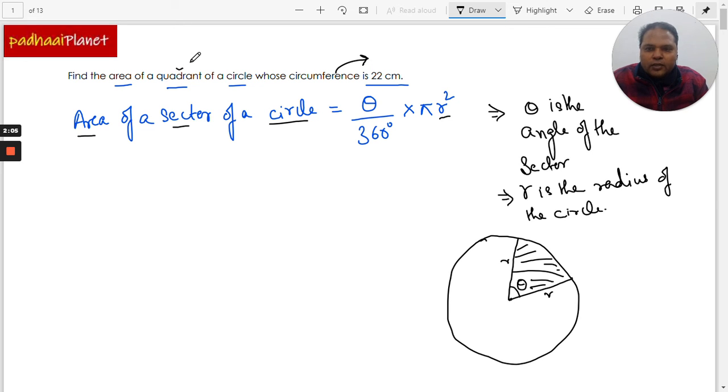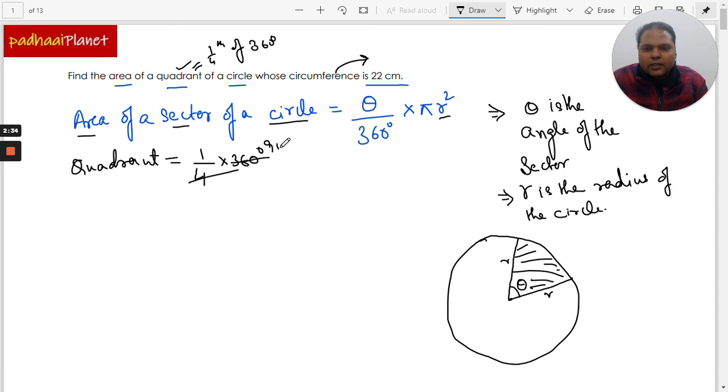To find the quadrant, they have already given the value of theta, because quadrant means it's 1/4 of 360 degrees. So the quadrant is equal to 1/4 of 360 degrees, which makes it 90 degrees, and this is our theta.